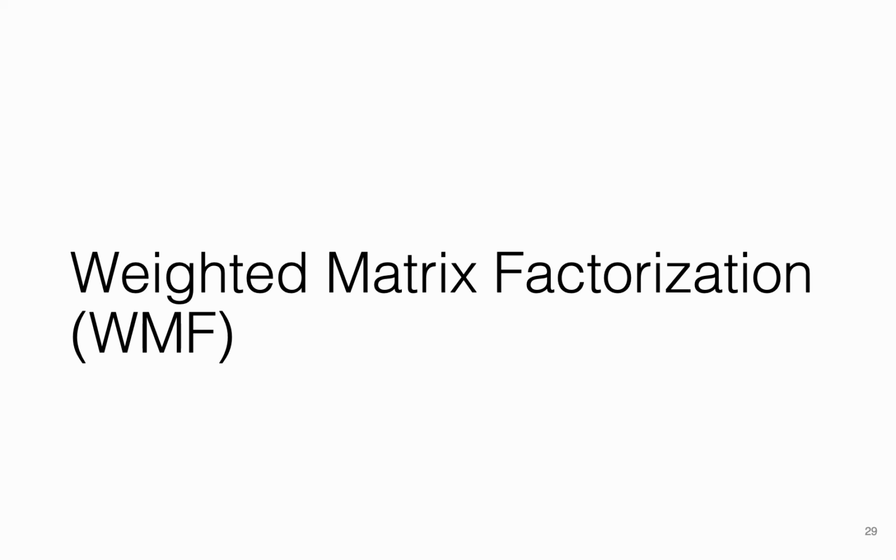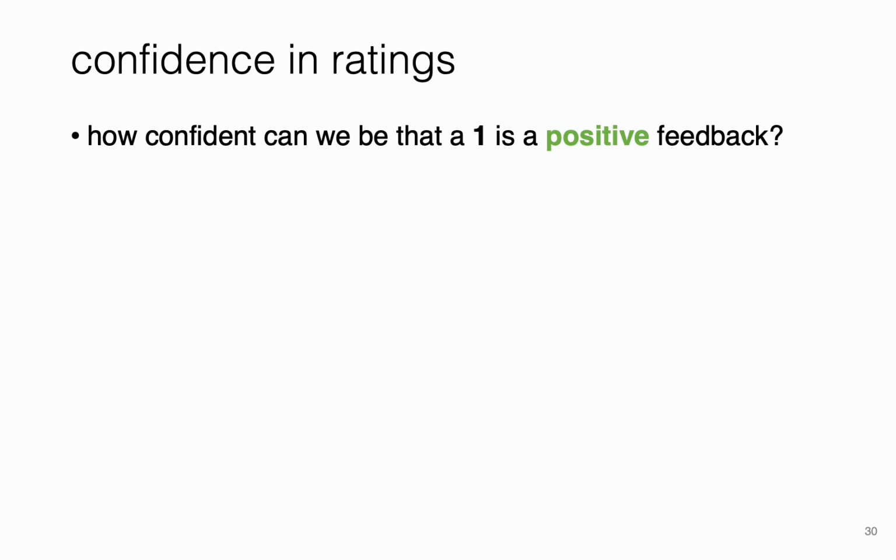First is weighted matrix factorization. The key idea is to assign confidence to the ratings we see. First, how confident are we that when we see a 1, it means a positive feedback, that is, the user actually likes the item?